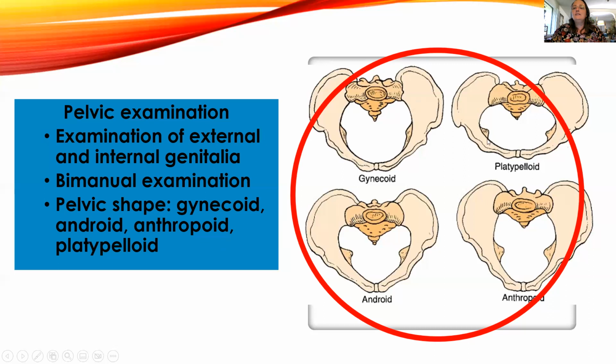They classified the different pelvic shapes and said that certain pelvises have a more likelihood of having a vaginal delivery or not, and that is the gynecoid pelvis. And these others, you can still have babies through them, but sometimes it's a little more difficult. The caveat is we don't always know what type of pelvis you have. There's not an easy way to determine that.